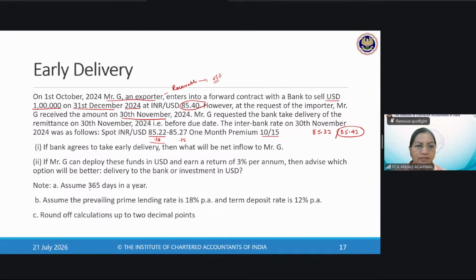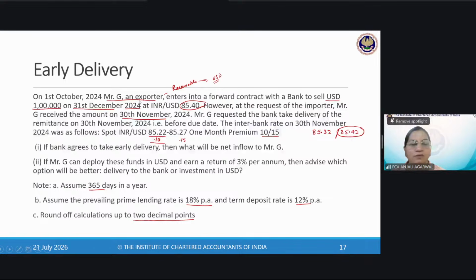Assume 365 days in a year and assume the prevailing prime rate is 18%. So if the prime rate is 18% and the deposit rate is 12%, all calculations are to be rounded off up to 2 decimal points.